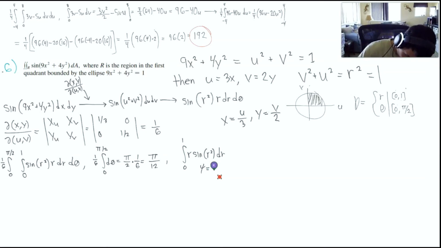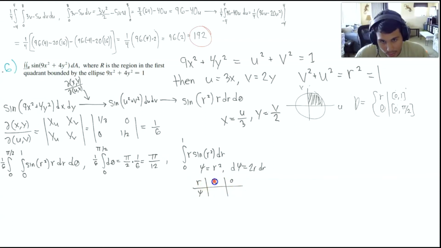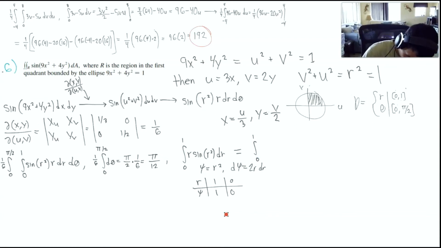Where tritant is r squared, d tritant is 2r dr, and we transformed from r into tritant. R was 1 and 0, and if you put 1 into here and 0 into here, it's the exact same balance. So this turns into 1 to 0.